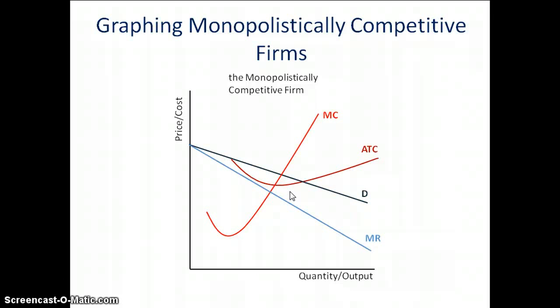So in order to analyze this firm now, we have all the appropriate information in there. We have to find the profit maximizing rate of output, which is here at MC equal MR. We label that as Q1. That's the amount of output that this firm is going to be producing because it's profit maximizing.